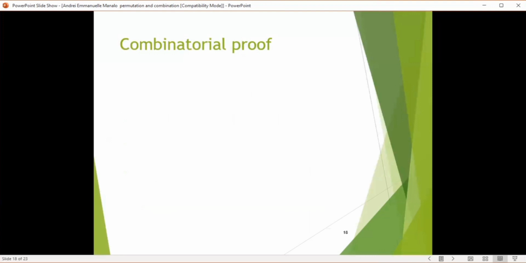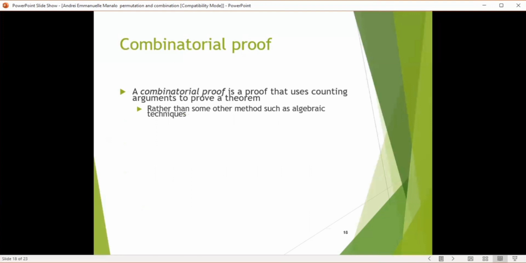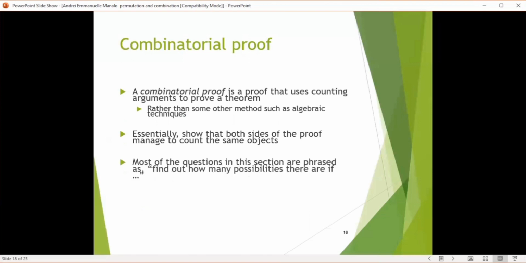Combinatorial proof. A combinatorial proof is a proof that uses counting arguments to prove a theorem rather than other methods such as algebraic techniques. Essentially, it shows that both sides of the equation count the same objects.